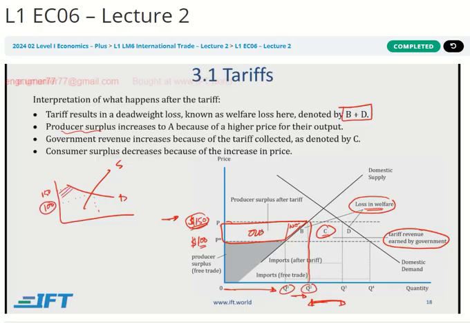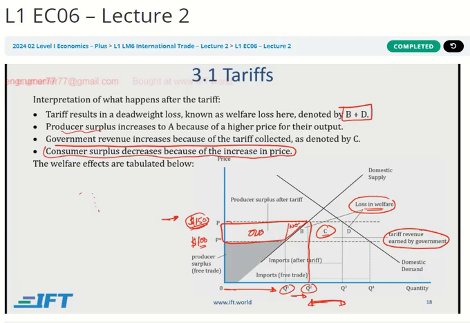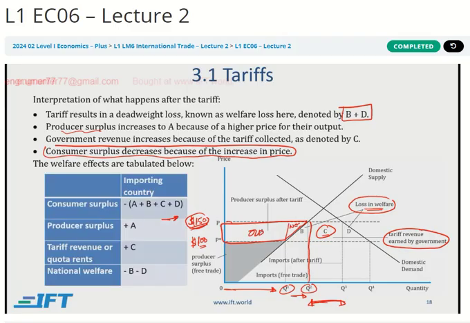So this whole area is actually called consumer surplus. But in this case, when you increase the price, you're forcing people to pay the higher price and there is a loss of consumer surplus. Consumer surplus decreases when you increase the price. And all these welfare effects you can see in this data below in the graph.